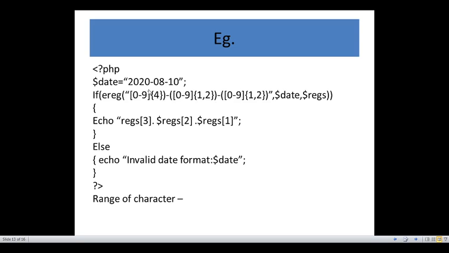Okay, means this is 4 digits, this is 2, and this is also 2. $date is our date, and $regs is our regular expression. So here, echo $regs[3] . $regs[2] . $regs[1]. We are printing in this way because we want the date in a normal format like date, month, and year. So 3, 2, 1. And it will print the date 10/8/2020.